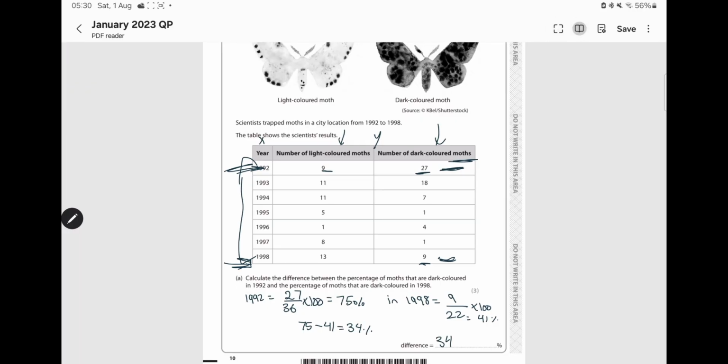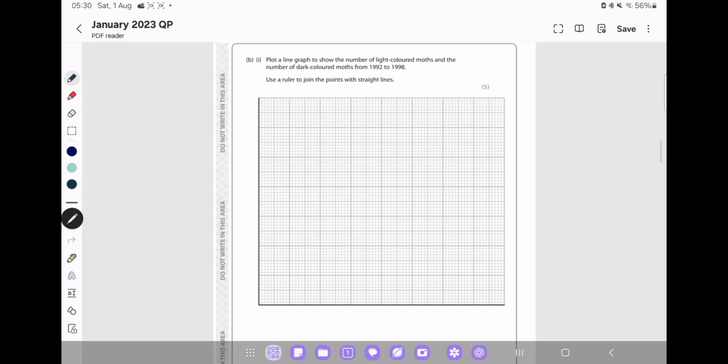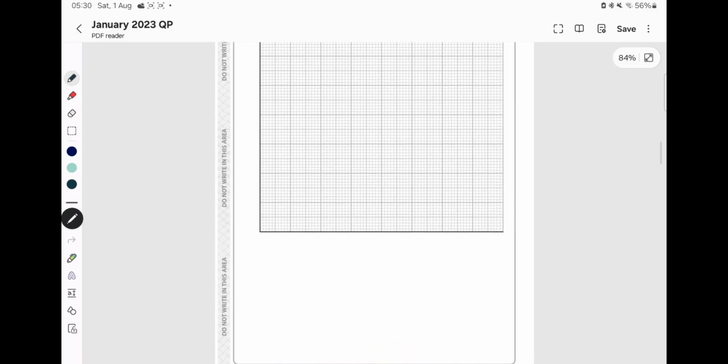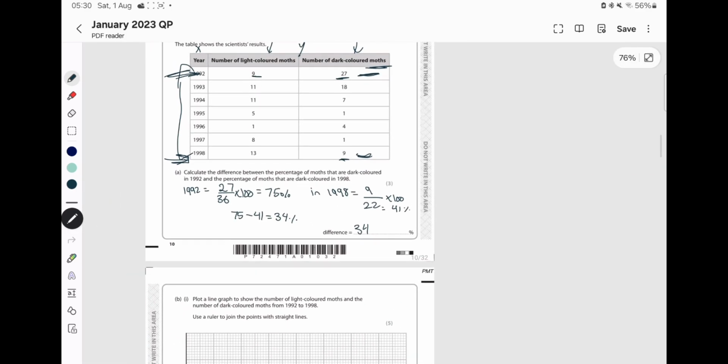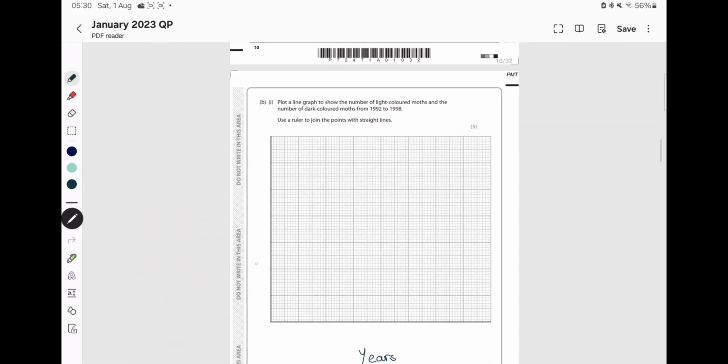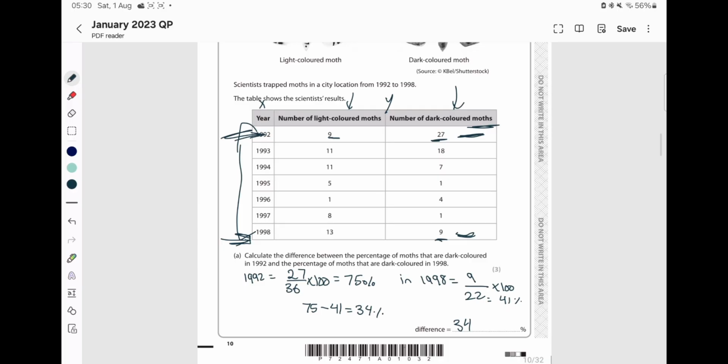So in this case, on the x-axis we're going to have the years, and for the y-axis we're going to have the number of moths. Okay, that is great. So we have from 1992 to 1998.